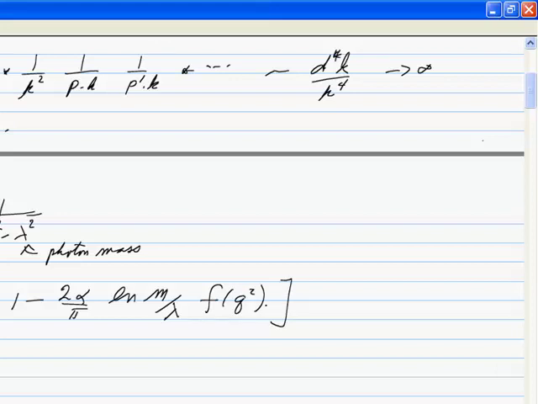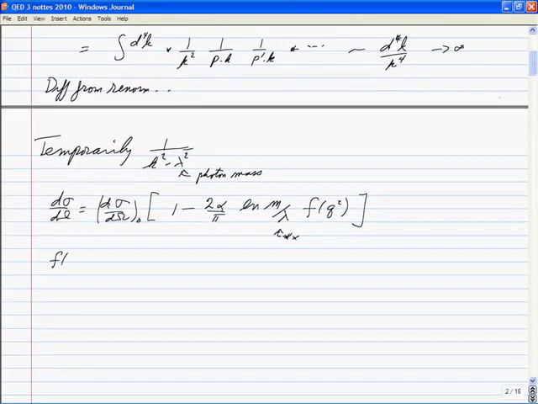Okay, that's what you get, and this is that infrared divergence there. If I just let lambda go to 0, this blows up. Okay, so I've regularized it, and f of q squared starts like minus a third q squared over m squared for small q squared.